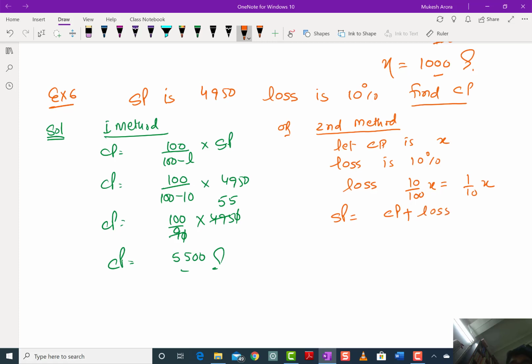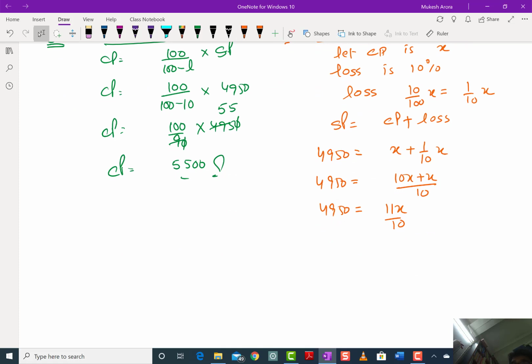SP is 4950, CP is X minus 1 by 10 X. 4950 is equal to 10X minus X by 10. 4950 is equal to 9X by 10.